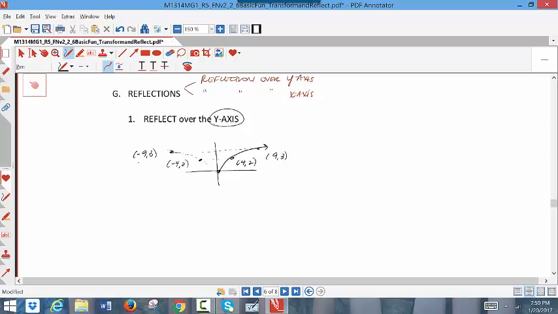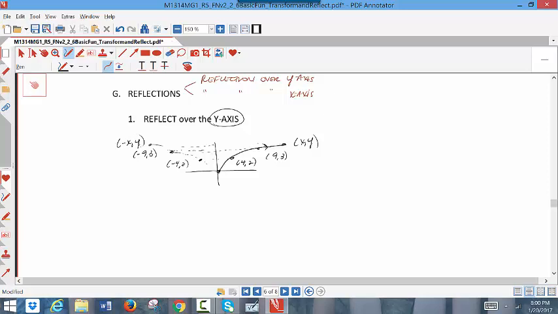So when you reflect over the y-axis, you can see a pattern here in these ordered pairs, in that when a point, suppose there's another point further out, we'll just call it x, y, is reflected over the y-axis, it would become negative x, y.